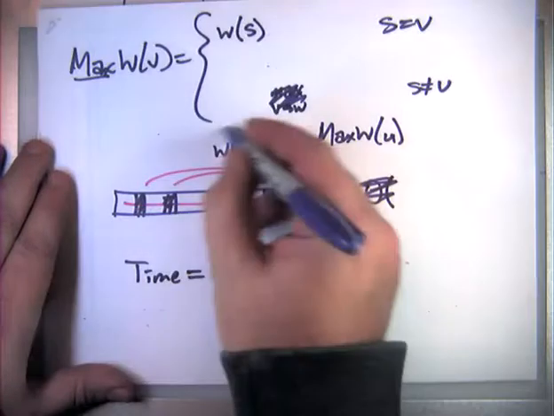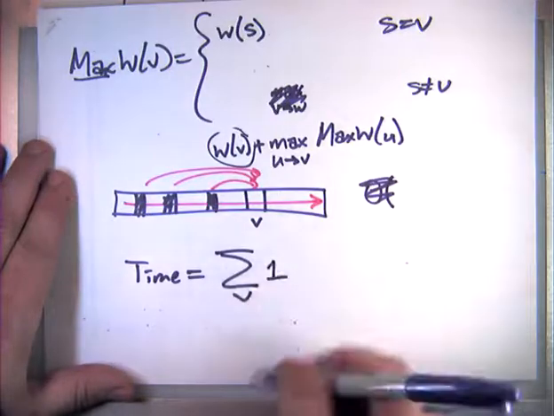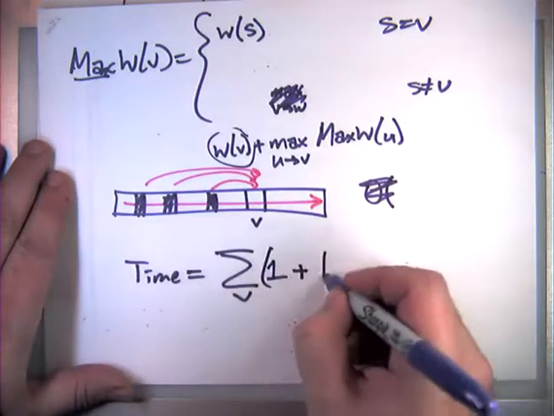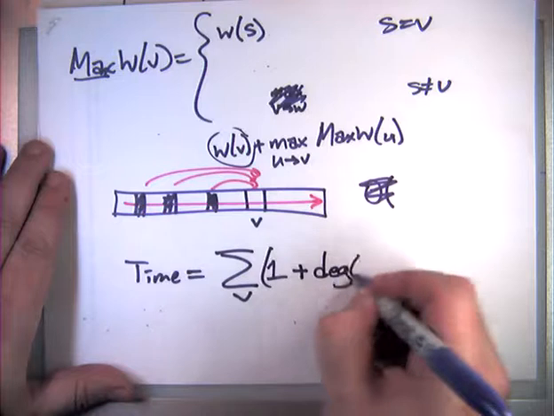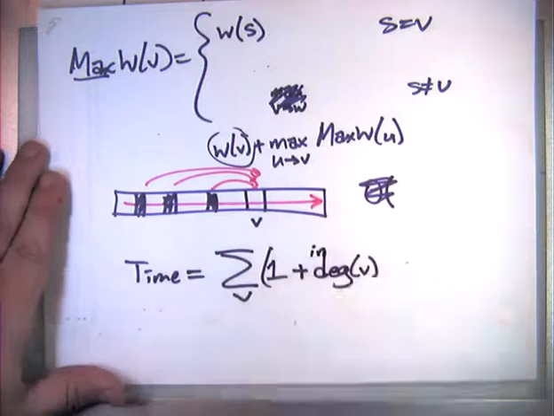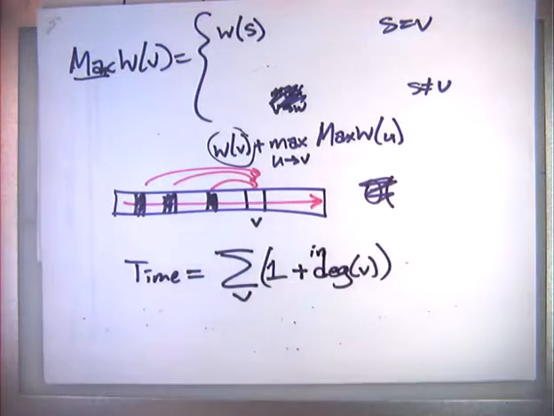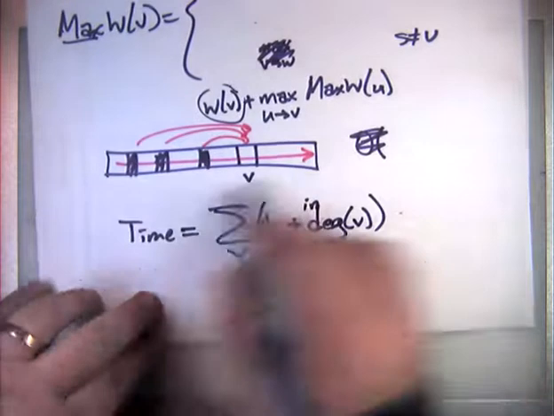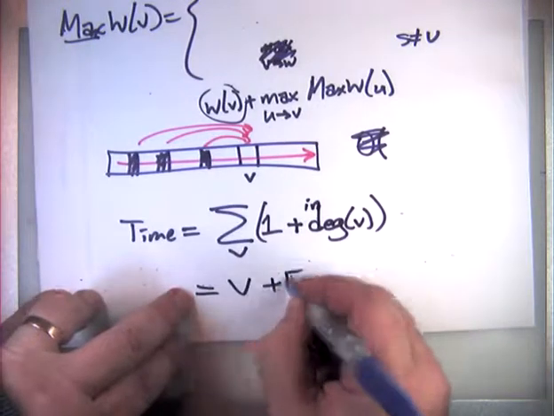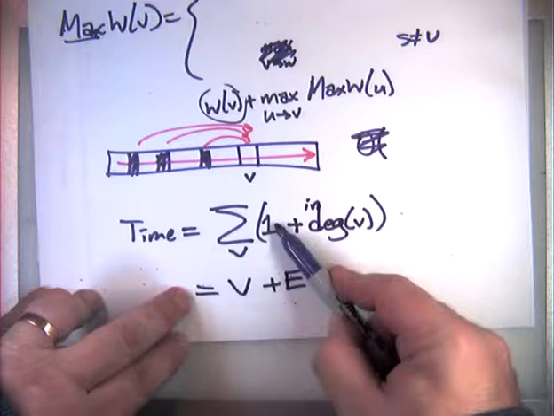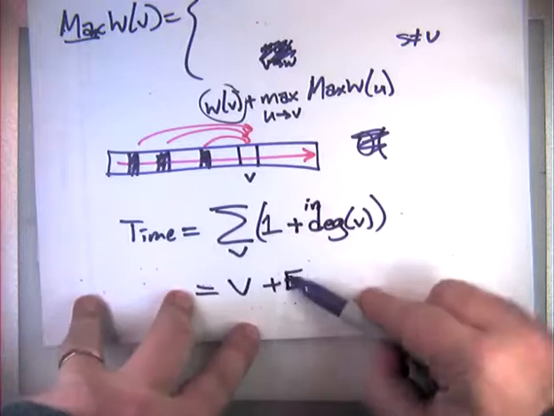Well, I spend constant time looking up W of V plus the number of edges coming into V. This sum is equal to V plus E. Every vertex is counted once, and every edge is counted once.